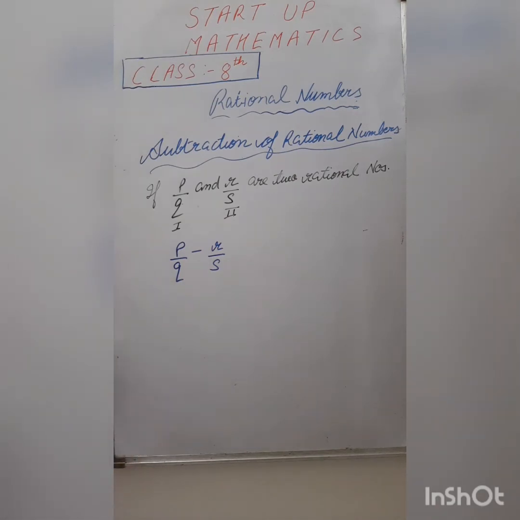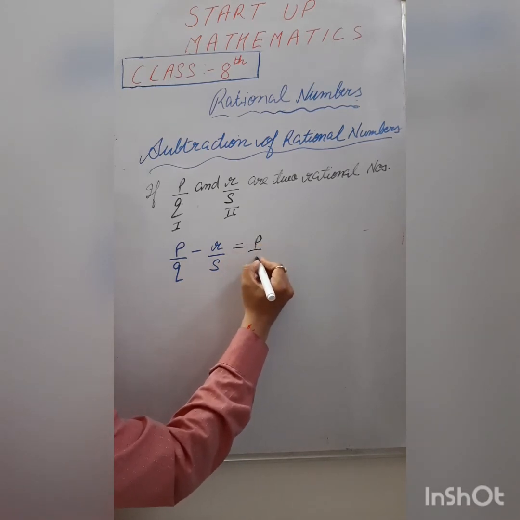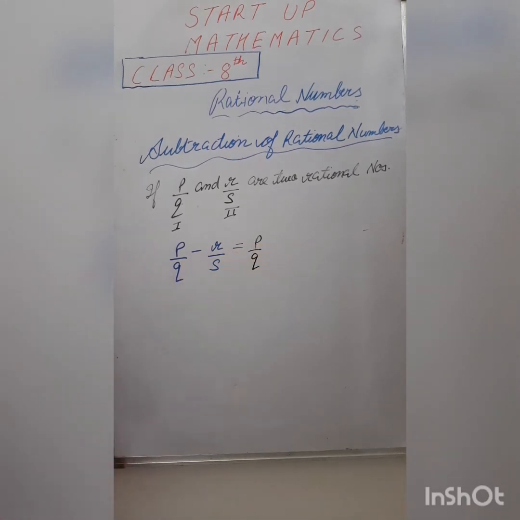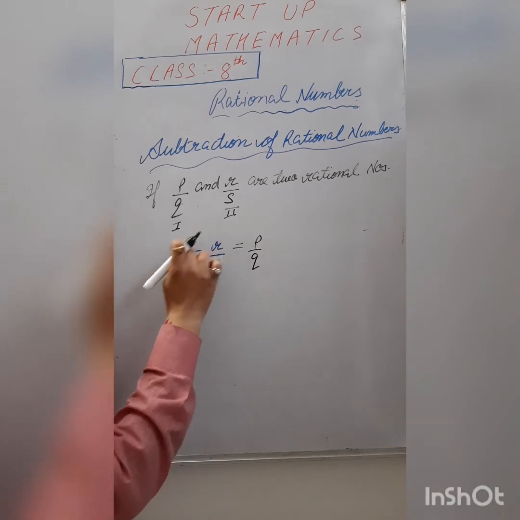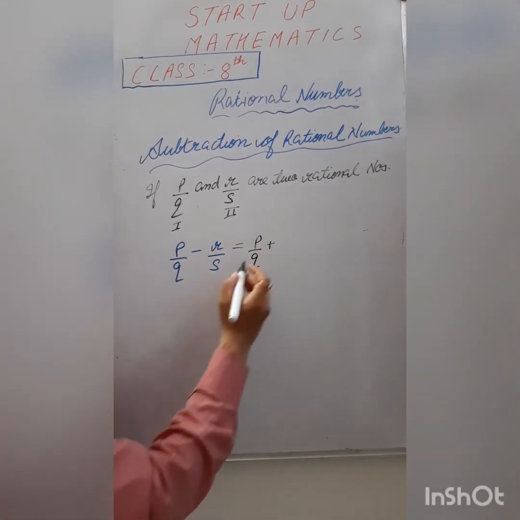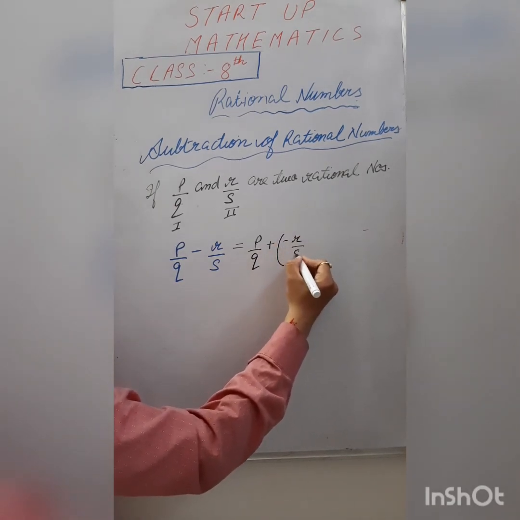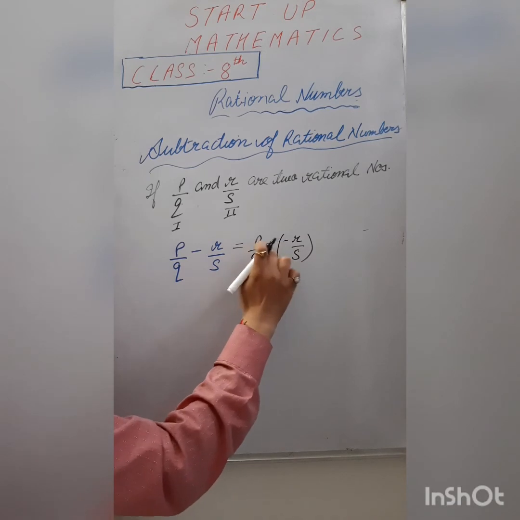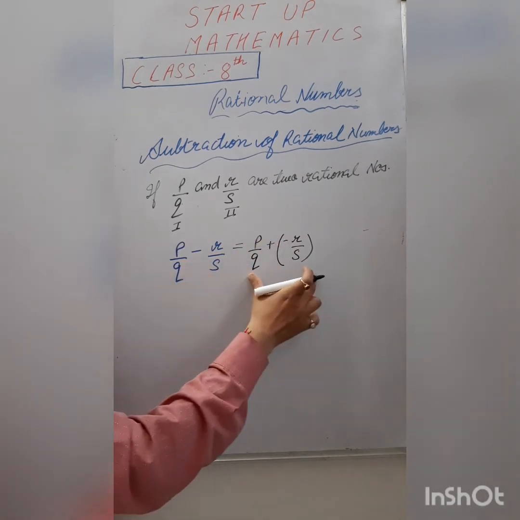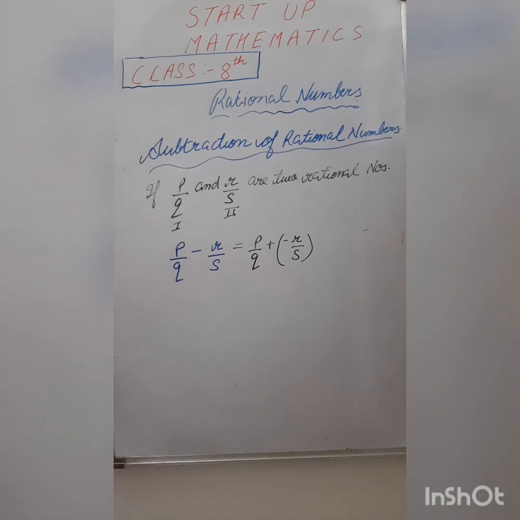If I write this P by Q as it is, I am enclosing this negative rational number in the bracket with the help of a plus sign, and I am writing minus R upon S. See here, plus minus minus, again this is the same thing which I have written over here. These two things are equal, right?